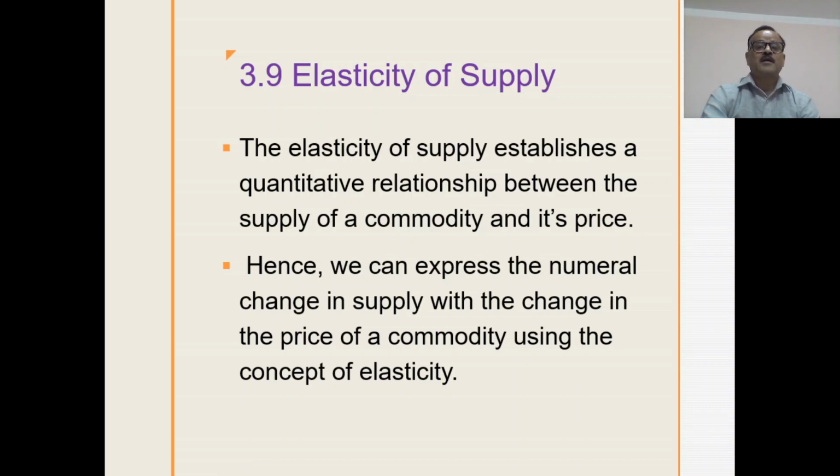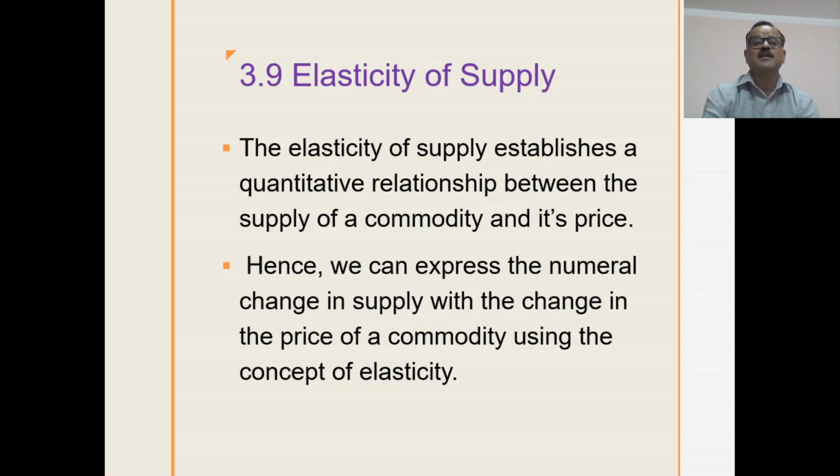Elasticity of supply. The elasticity of supply establishes a quantitative relationship between the supply of a commodity and its price. Hence, we can express the numerical change in supply with the change in the price of a commodity using the concept of elasticity. So here, supply elasticity means just the responsiveness of change in quantity supplied due to the change in price.